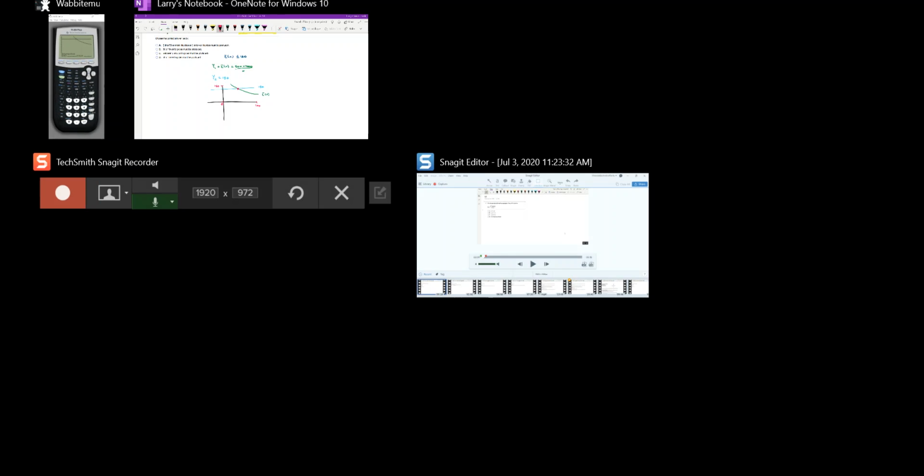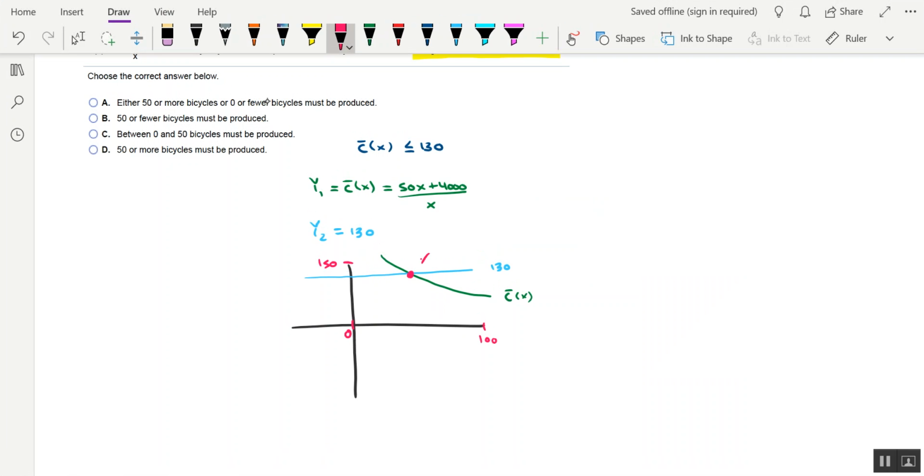Mine is already on the point of intersection, but if not, move it over to the point of intersection and press enter 3 times. As I suspected, the point of intersection is at 50, 130. What I'm going to use from that ordered pair is the x value of 50.